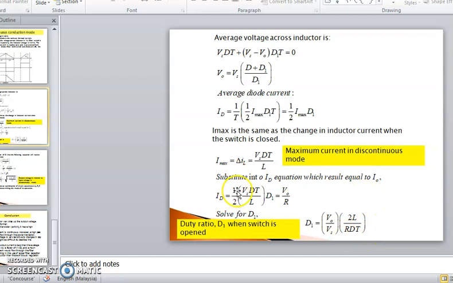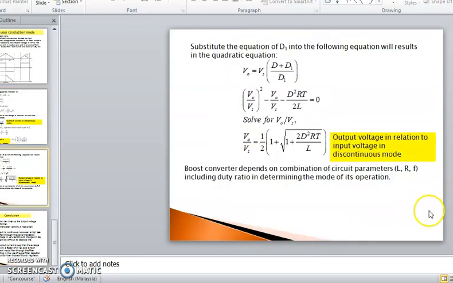Following the sequence, we shall get the D1 duty ratio formula of this value. Then we substitute the equation of D1 into the equation of V out. We shall get the amount of output voltage in relation to input voltage, V out divided by Vs.